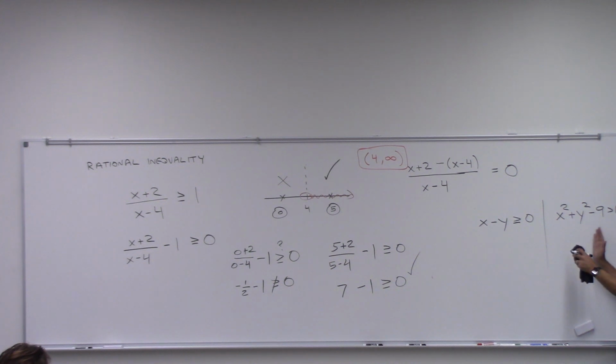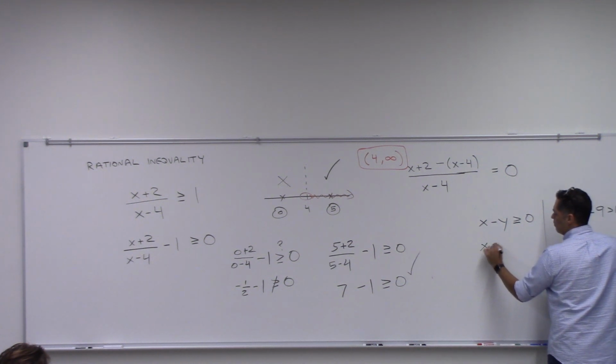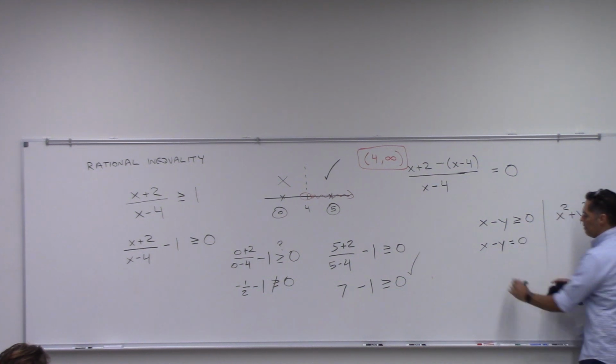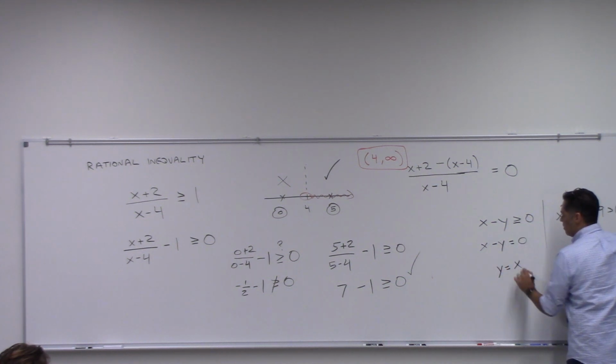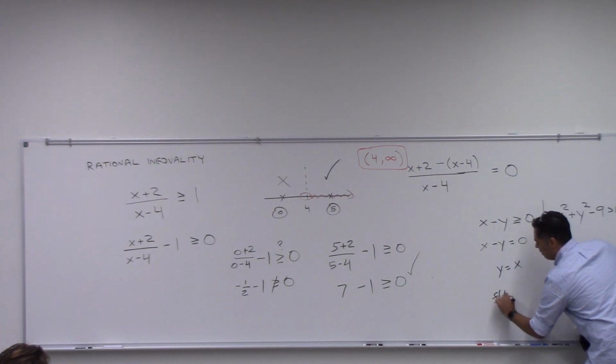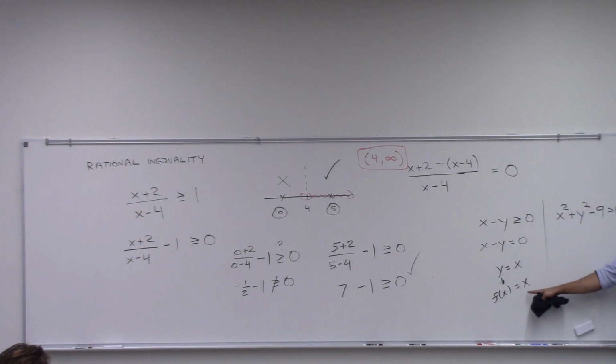The method to solve these is pretty much the same thing that we just did, where you have to do test points. Take this, set it equal to 0. Okay, set that equal to 0. Now just move them over. You get y is x. What does that look like? If I gave you the function, if I said instead of y, f of x equals x, you all know what that graph looks like?